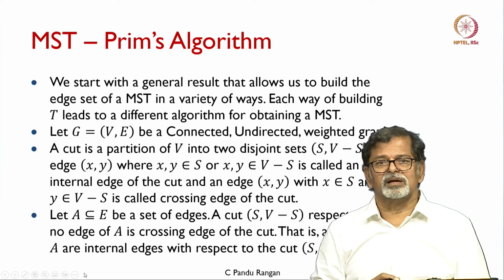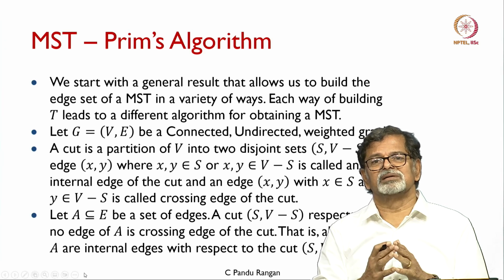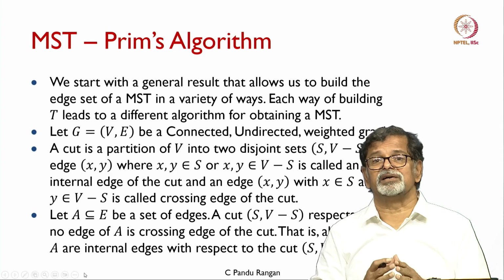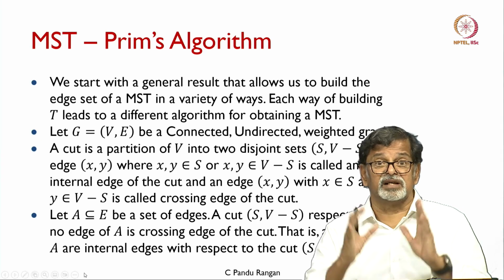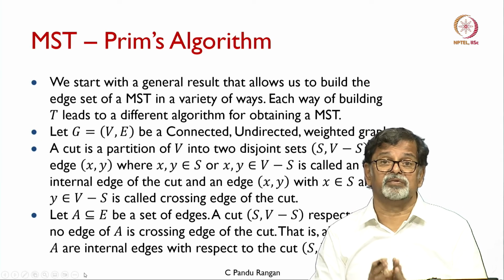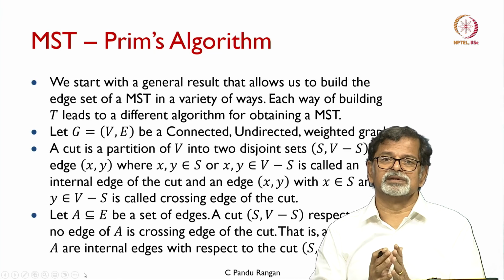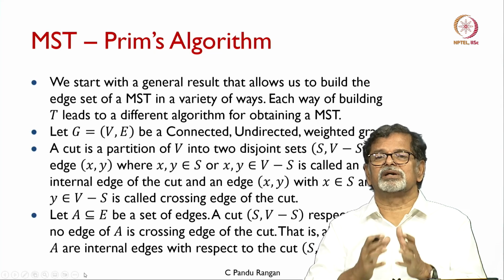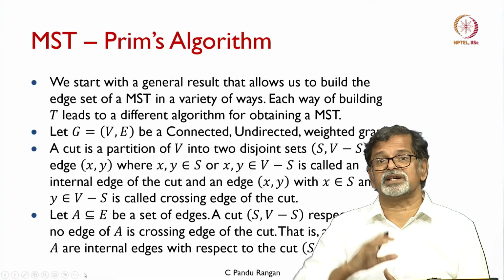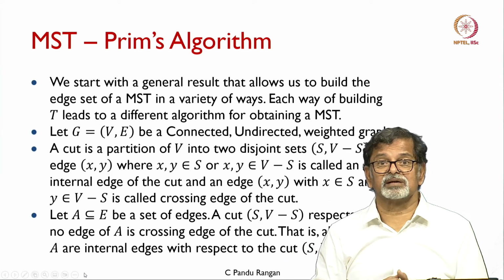Therefore, we will focus on the edge set of the spanning tree. How do I build that edge set? There are n minus 1 edges that we have to pick. How do we pick those n minus 1 edges?